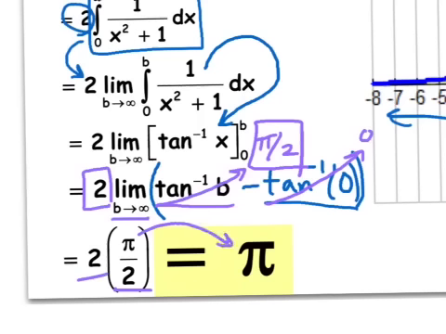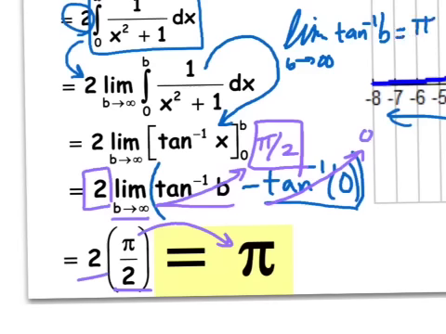Here's the only thing I'm slightly concerned about. I'm not super concerned, but it's been a while since we've talked about inverse trig functions. You guys haven't really seen them much since last year, and so I want to make sure you guys are happy with the idea that the limit as b goes to infinity of the inverse tangent of b is equal to pi over 2.